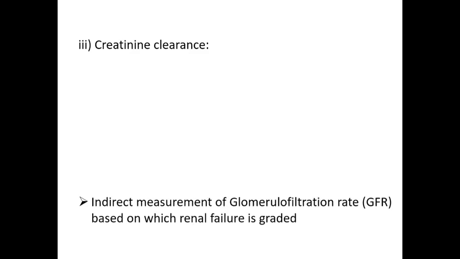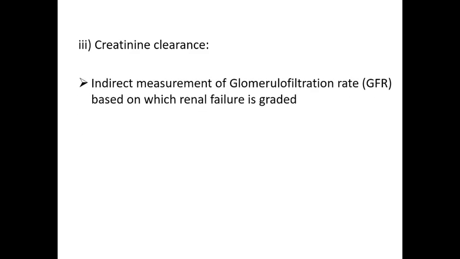Next thing is creatinine clearance. Now, creatinine clearance is considered as an indirect measurement of glomerular filtration rate. Now, if you remember, when we did the structure of the kidney, the structure of the nephron, I told you the three main processes in urine formation.